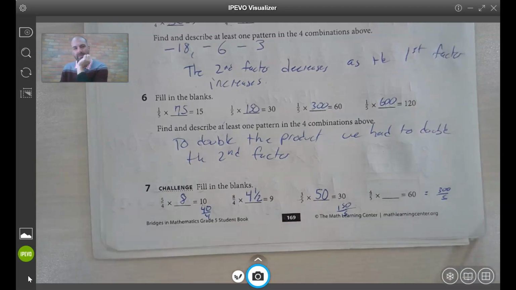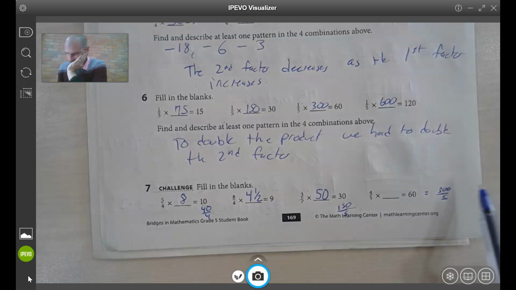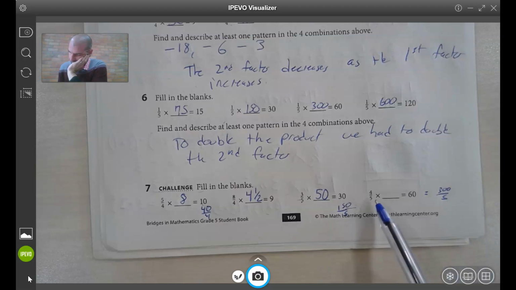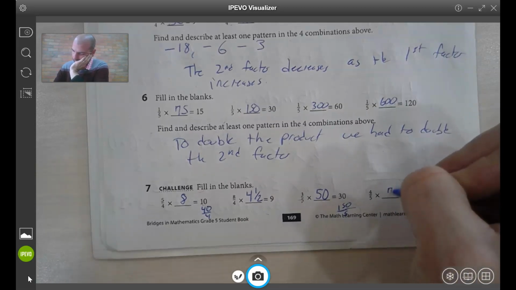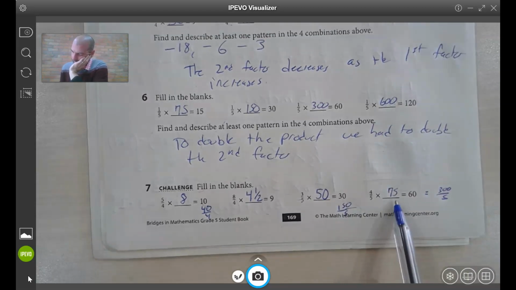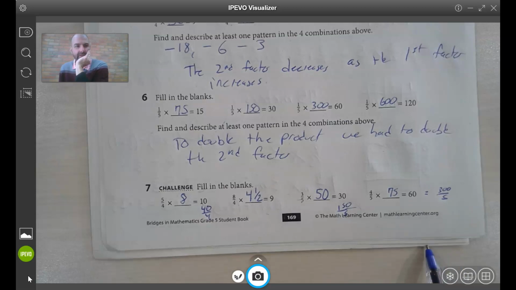How many times do you have to increase to get to 300? Hmm. 75, I think. Is that right? 1/5 of 75 is 15. 4 groups is 60. I bet there's better ways to do that. Let me know. Bye.